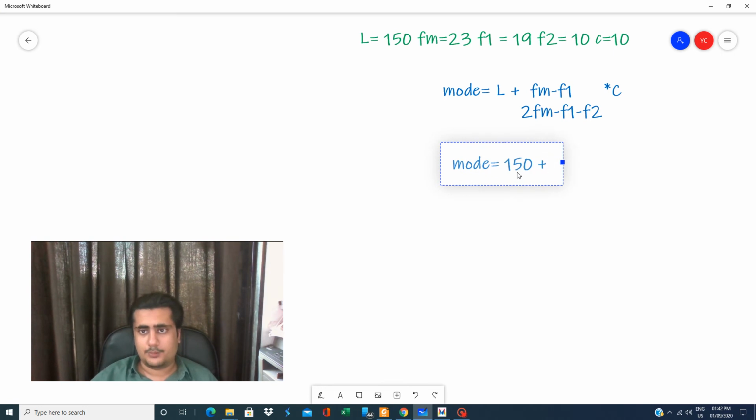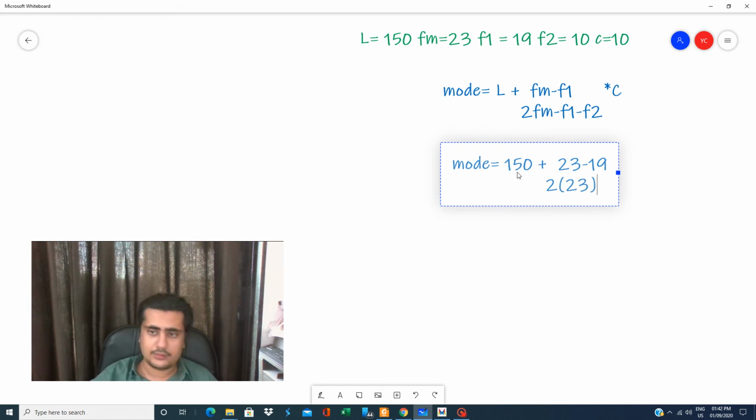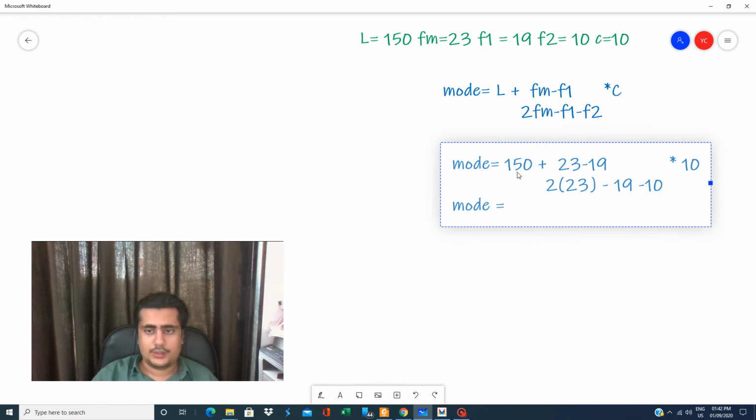L is 150, plus Fm minus F1, it is 23 minus 19, upon 2Fm, it is 2 into 23, minus F1 minus F2, into C. So your mode is equal to 150 plus, what is 23 minus 19?